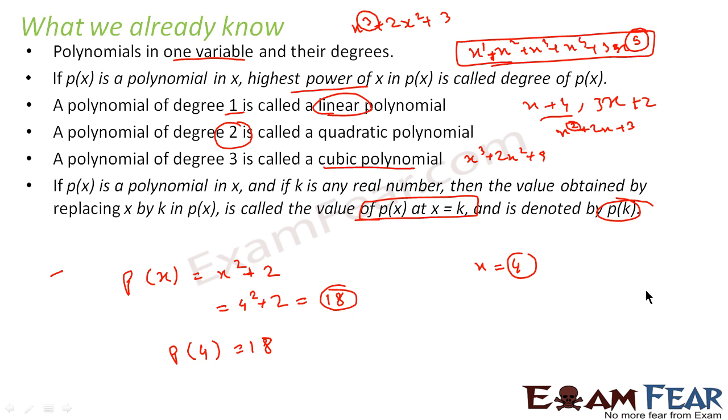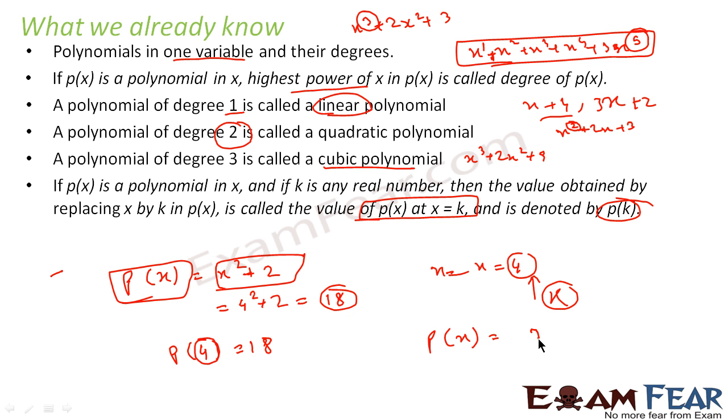So what does it say? For any polynomial p(x), if you replace x with k, whatever value you get, that is p of k, that is nothing but the value of this polynomial at x is equal to k. Here x is equal to 4, the value of this polynomial x square plus 2 is 18. Let's suppose p(x) is x cube plus 3x square plus 2.